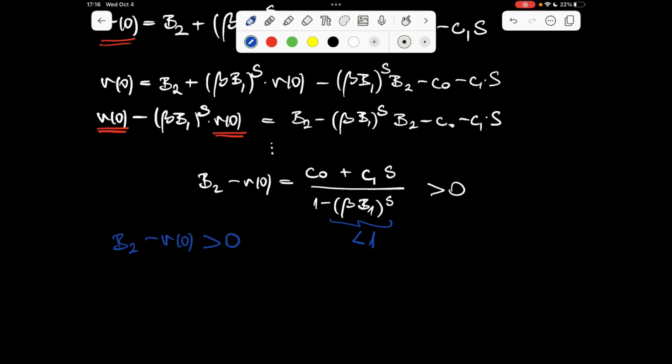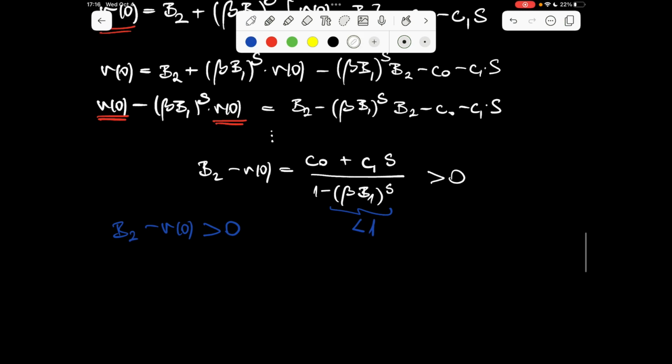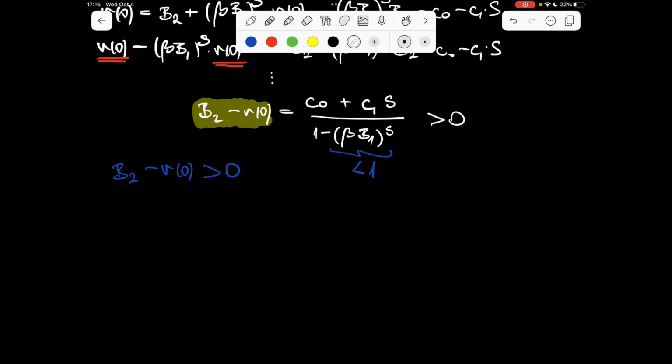And this is most exciting, because this expression can be put into the first order condition, which now looks like this.